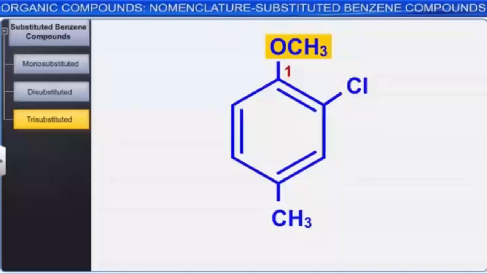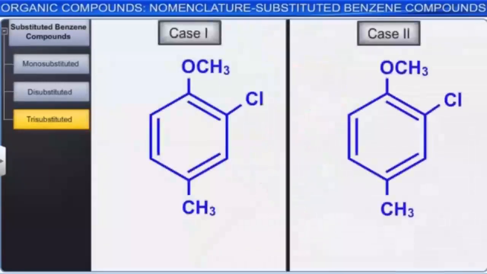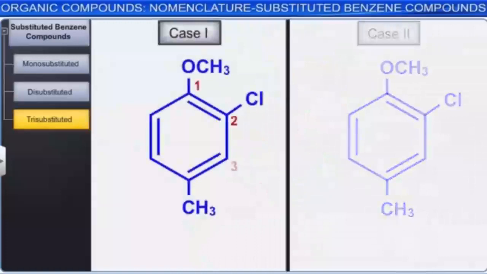Thus, the carbon bearing the substituent of the base compound, methoxy, is assigned the number 1. Then, the direction of numbering is chosen in such a way that the next substituent gets the next lowest number. In case 1, the numbering is done in the clockwise direction. Thus, the next substituent gets the position 2.